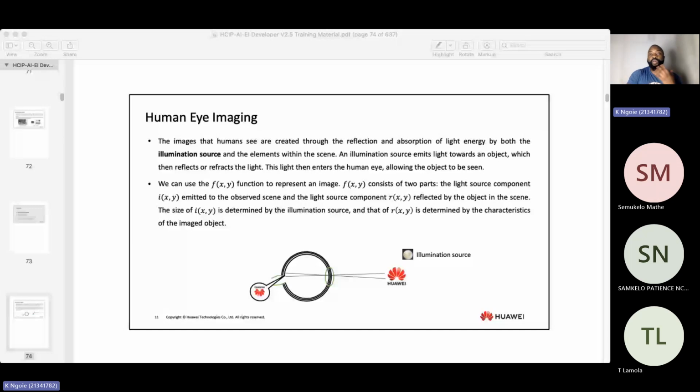So we'll have a few concepts of AI that will be related to human eye imaging. For example, the image capture and the pre-processing. The camera sensors will replace the retina of the human eye.